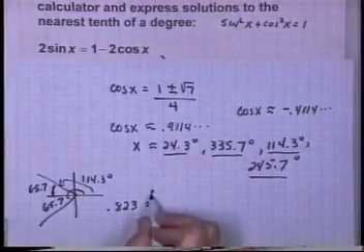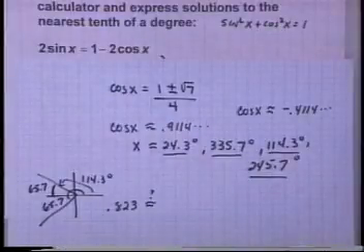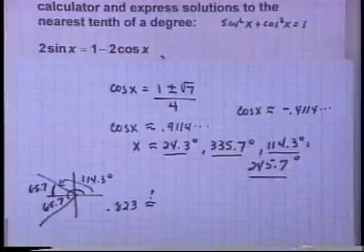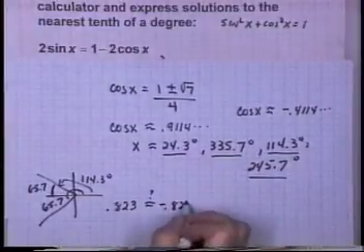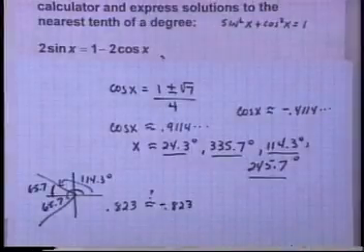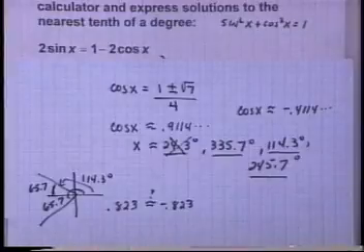Now, on the other side, I have 1 minus 2 times the cosine. I'm going to try that 24.3 degree thing there. Well, you know what? I'm getting a negative 0.823. So could those be equal? No. So we're going to X that one. That one doesn't work. Well, let's try the 335.7.